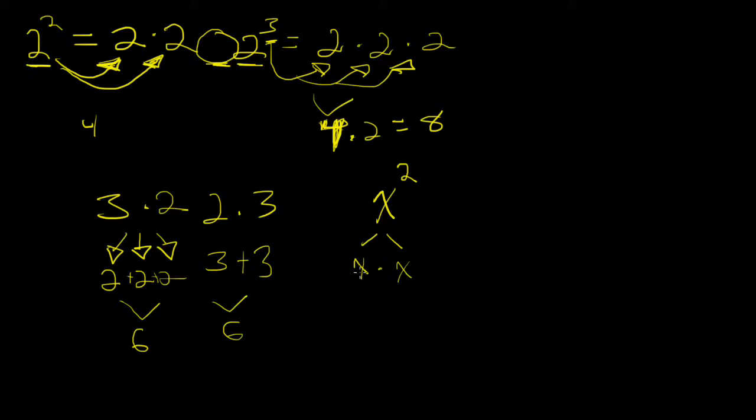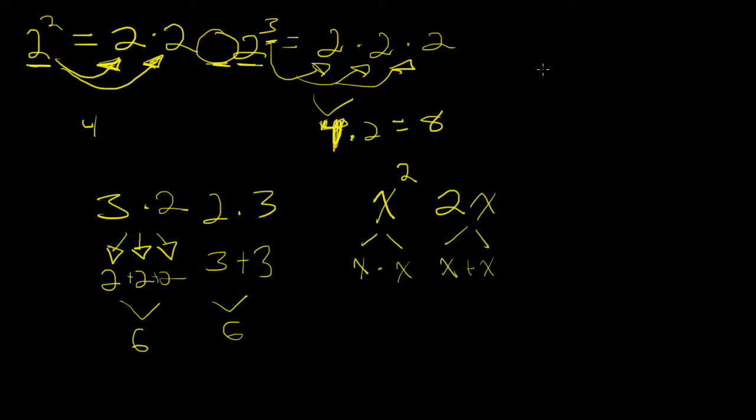We have the base number, in this case a variable, times itself. Well, if we had 2 x's, we're not saying that we're multiplying them. We're saying, okay, we have an x plus an x. It's a little different, but the nuance there is very important. And I think that's a big source of confusion for students.